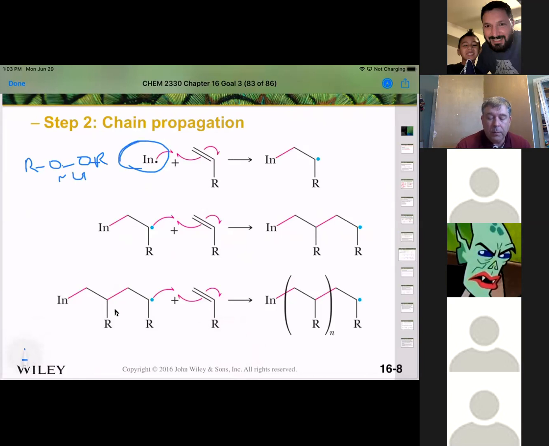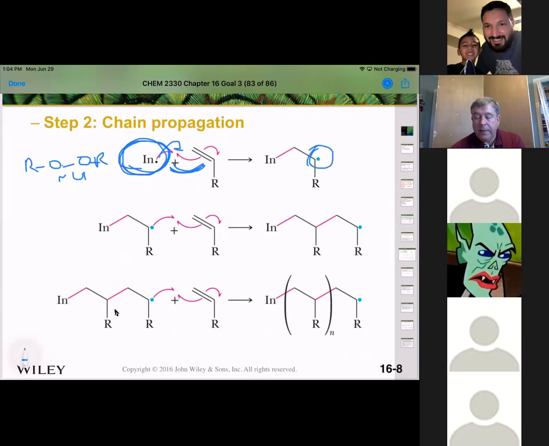Once we have this one radical here, we're going to have one electron reach in and grab one of the electrons out of the double bond. So notice we have a single fishhook arrow here. When it does that, the other electron has to go somewhere and ends up on the other carbon of the double bond. So our initiator started the reaction by reacting with a double bond.